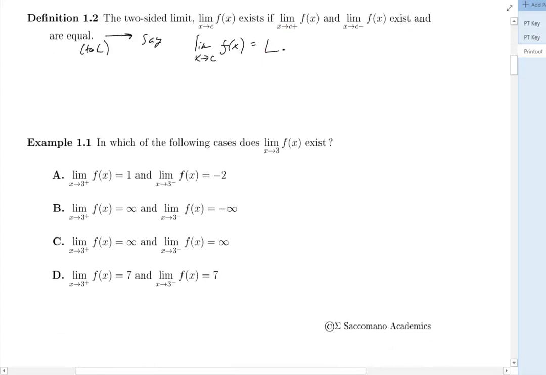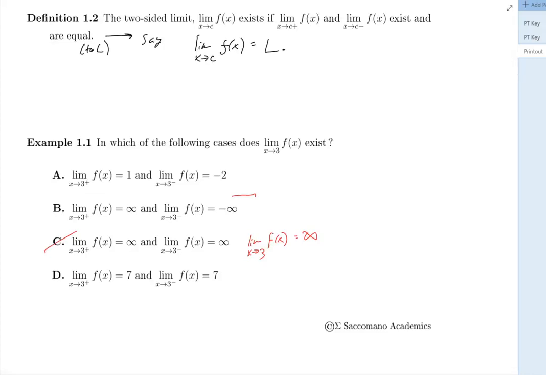Then, really in these cases, even though we would write, for instance in letter C, that the limit as x goes to 3, since these match, equals infinity, it would still not count as existing, because infinity is a type of not existing.